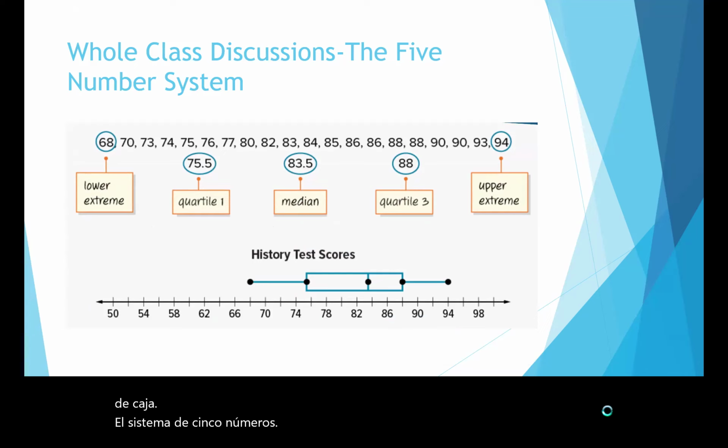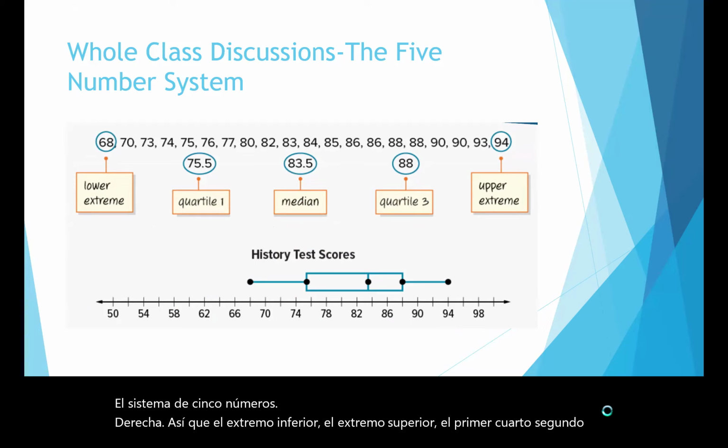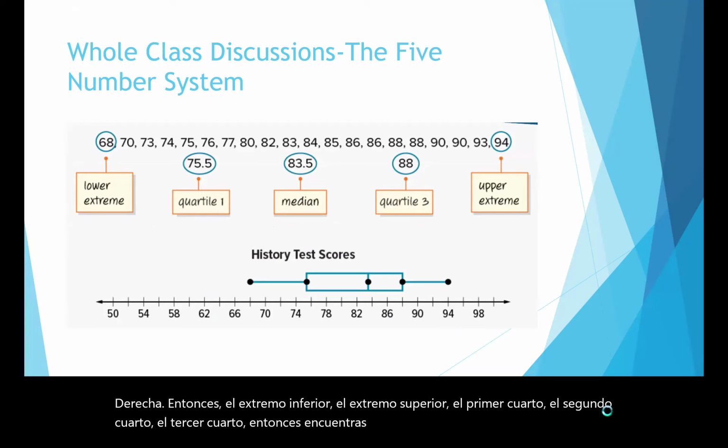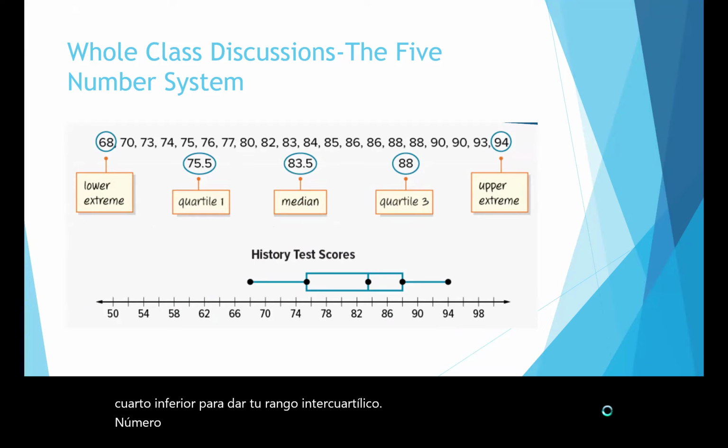So we know the lower extreme, the upper extreme, the first quartile, second quartile, third quartile. Then you find the difference between the third quartile and the first quartile to give you the interquartile range. Draw a number line, identify the various points on the number line, then you draw your box plots.